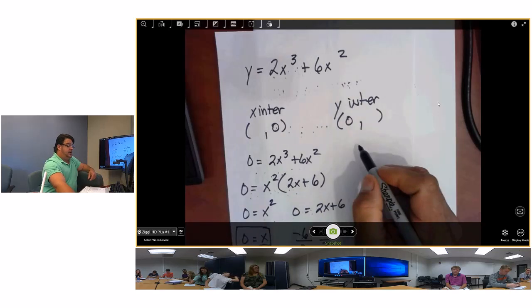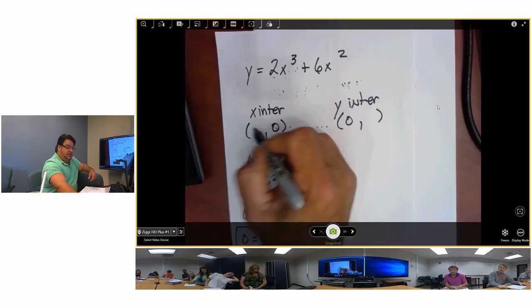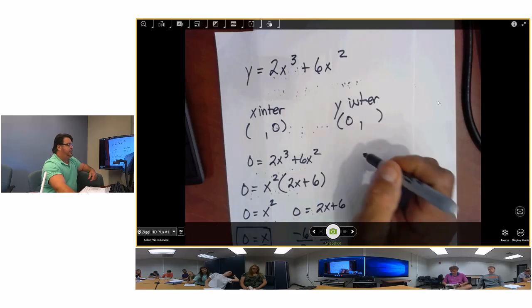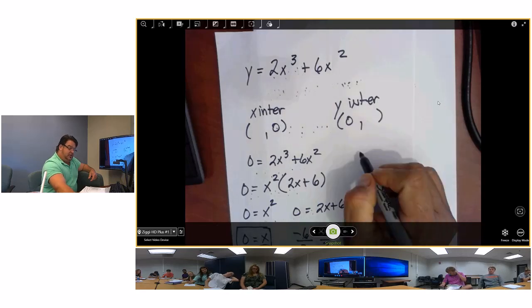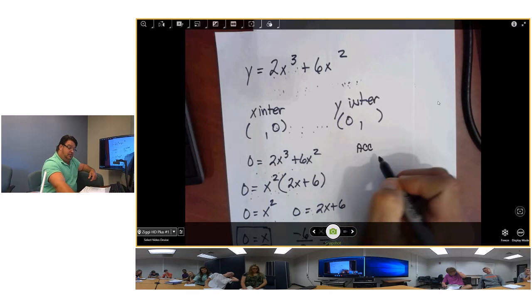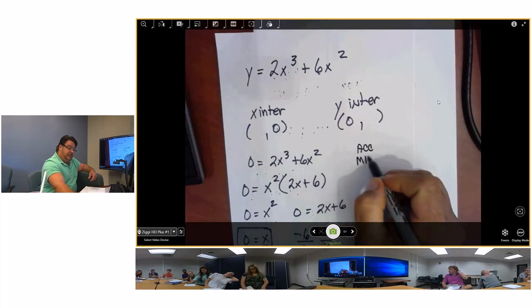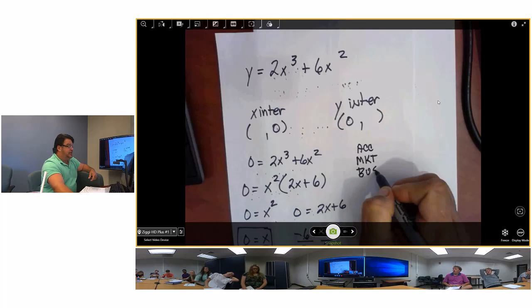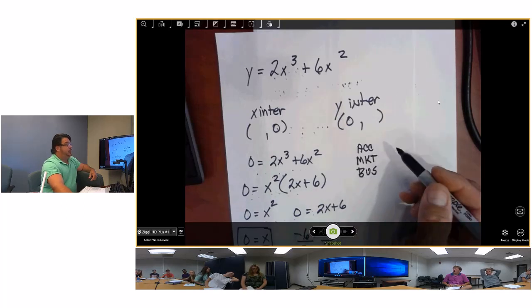Now, a lot of you say, well, what is this? This is very, very, very important when you're looking at an accounting graph, a marketing graph, or a business graph when you're trying to find a predictor. What is a predictor?